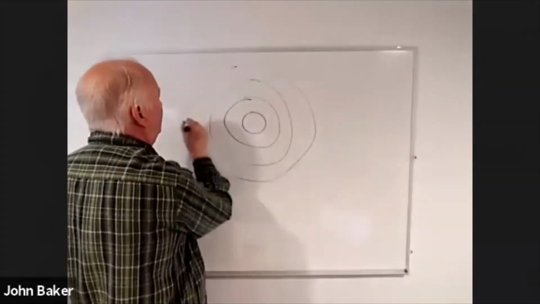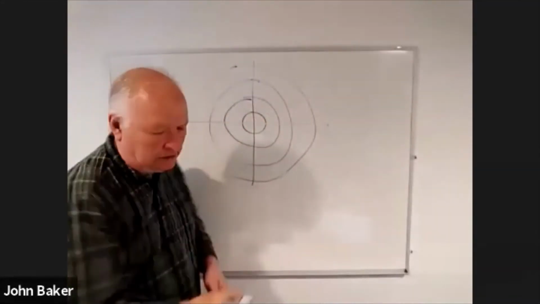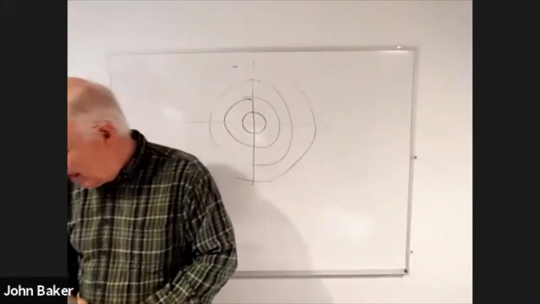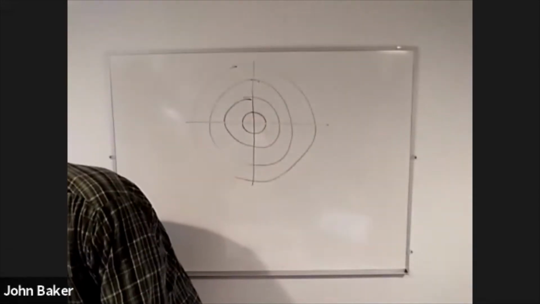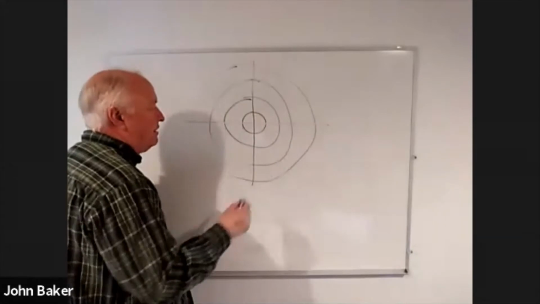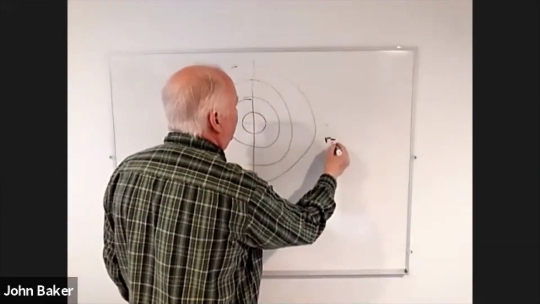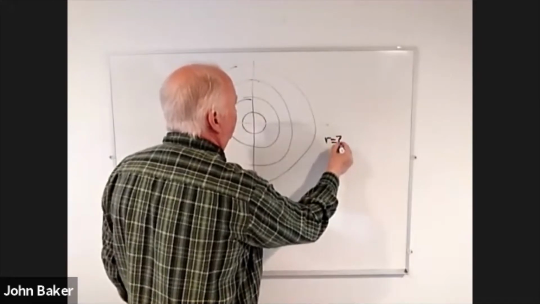Well, here's our polar system. And we're going to look at simple graphs. The simplest graph to do is r equals 2.